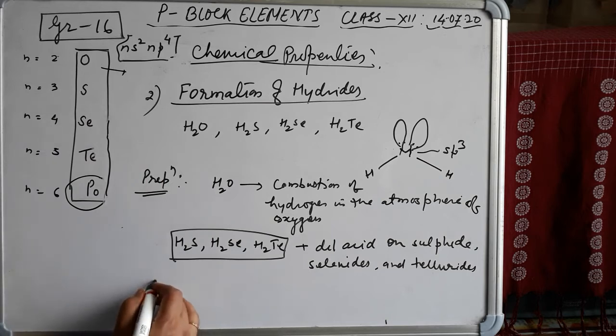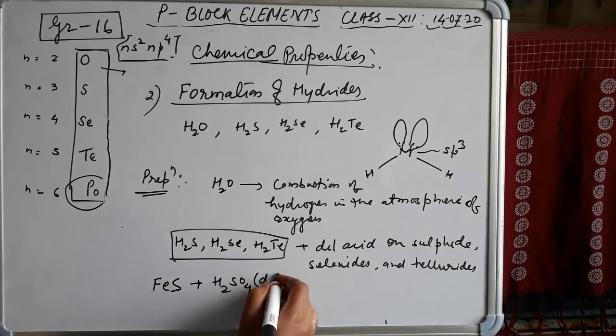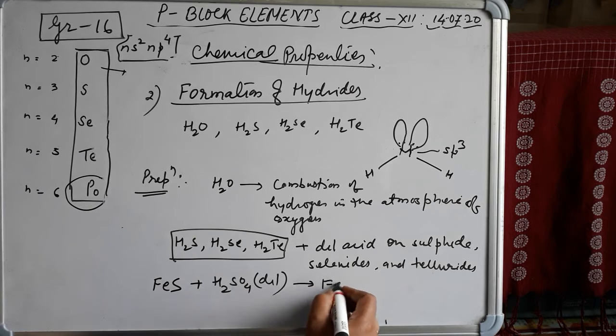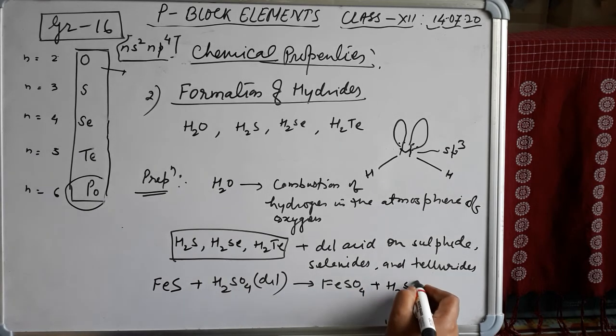So at first, iron sulfide is taken and treated with dilute H2SO4, giving FeSO4 and hydrogen sulfide. The smell of hydrogen sulfide is like a rotten egg, not a pleasant smell.